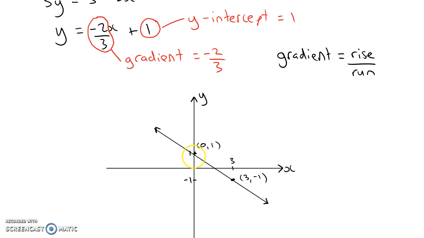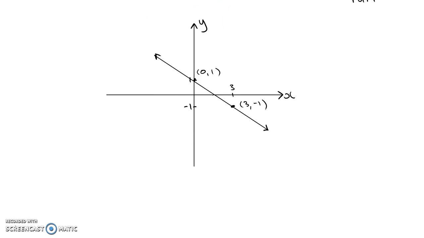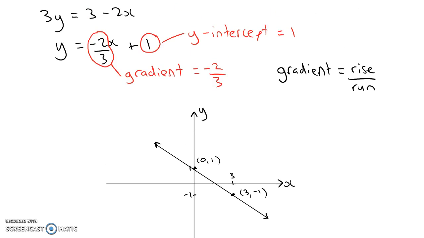So we know that the y-intercept is 1. If we want to find the x-intercept, we'll solve for y equals 0. And we can either solve it with the relation in its original form, so 2x plus 3y equals 3, or we can solve it when we've got it in the gradient intercept form here.